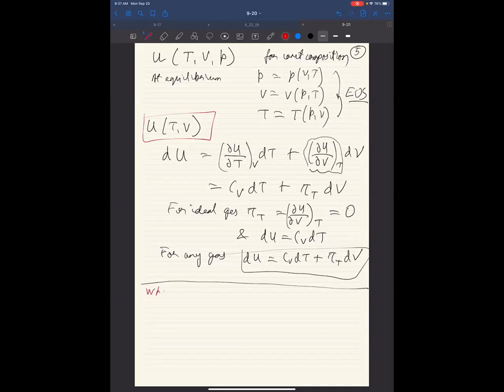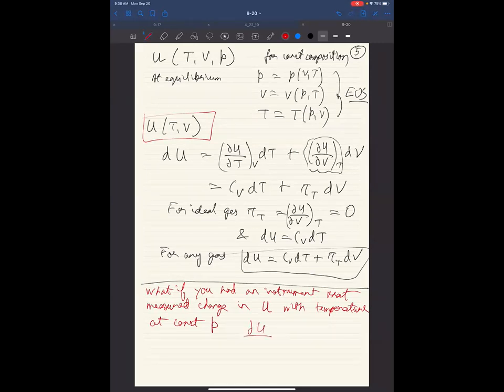So what if you had an instrument that measured change in U with temperature at constant P? What would be the mathematical notation for such a change? How should I write it down? Partial of what over what? Any ideas? Who said?